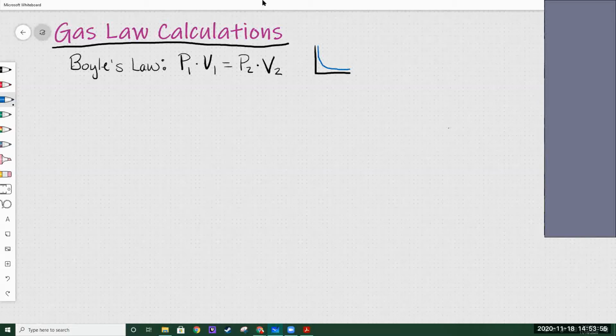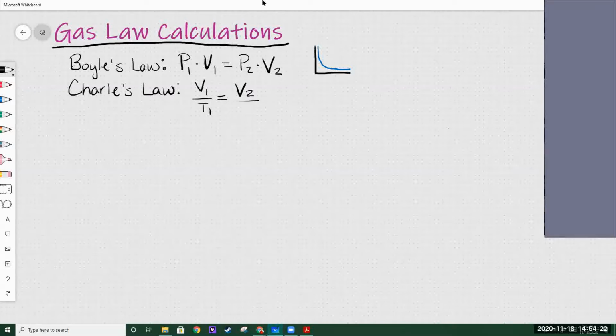Okay. The next one is Charles's law. And this is volume, not pressure. Volume 1 over temperature 1 is equal to volume 2 over temperature 2.